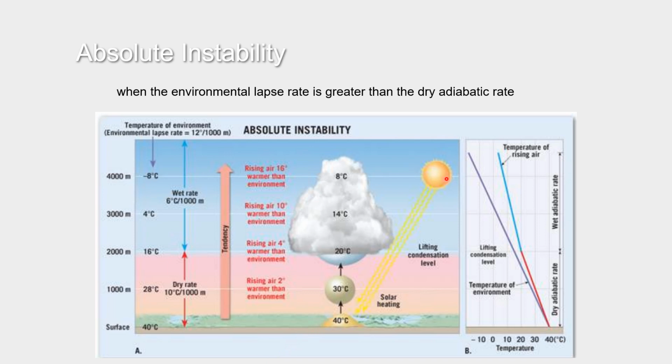This solar heating causes the lowermost layer of the atmosphere to be warmed to a much higher temperature than the air above.